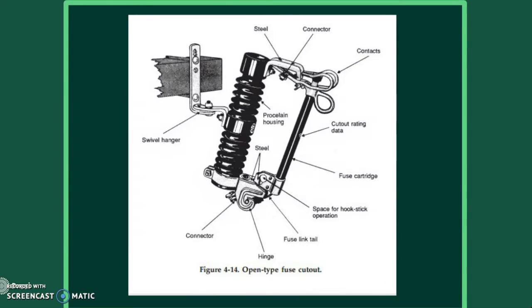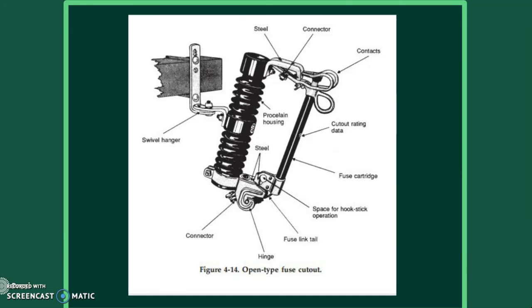The open type cutout is essentially the same as the door type, except that the fiber tube enclosing the fusible element is exposed in the open, rather than enclosed in a porcelain box. This arrangement enables larger currents to be interrupted without confining as much of the attendant violent expulsion of gases.